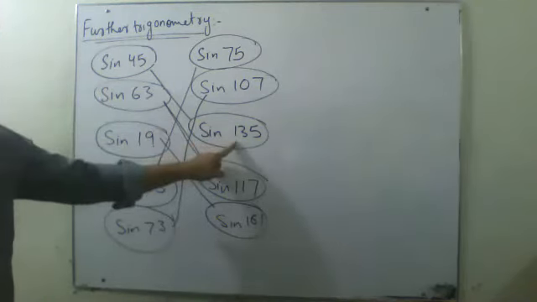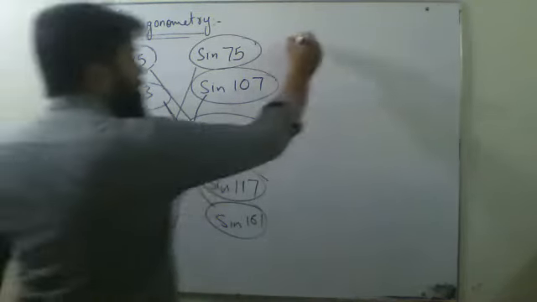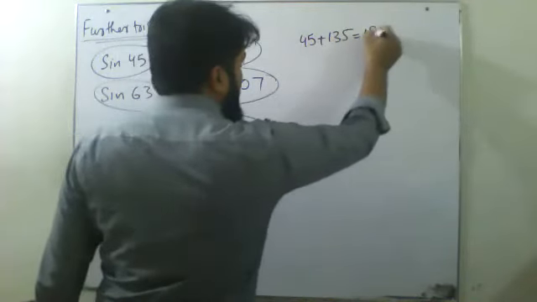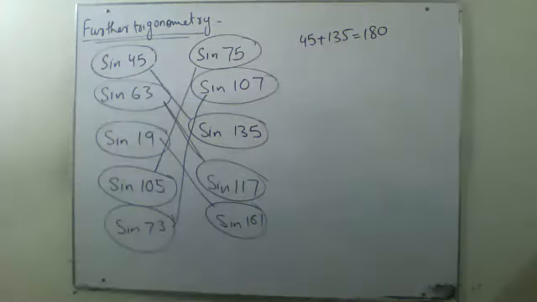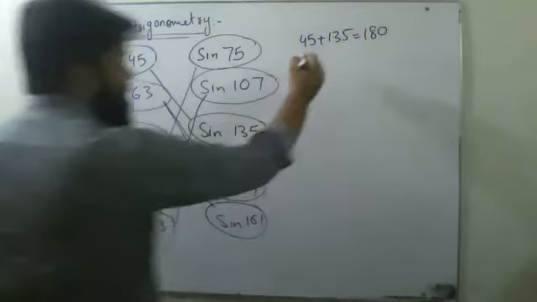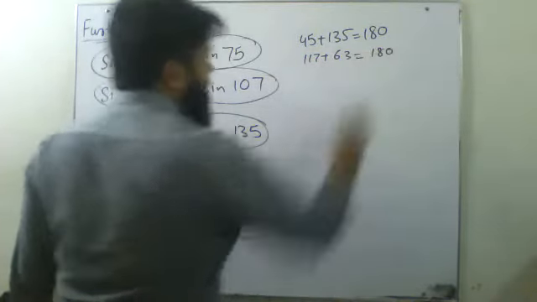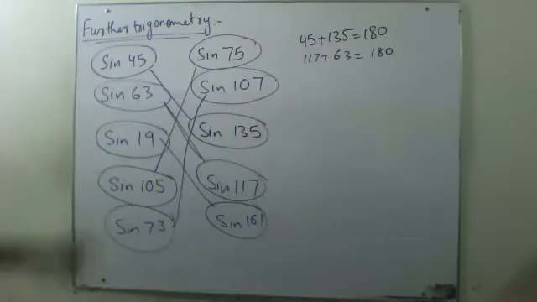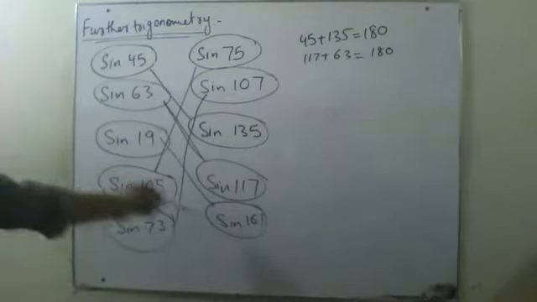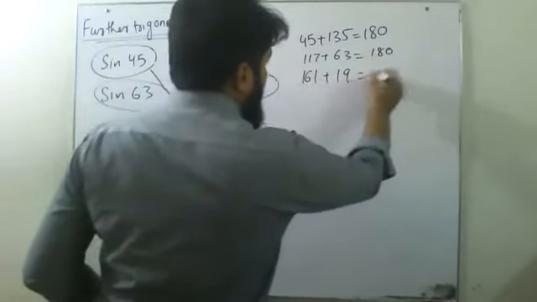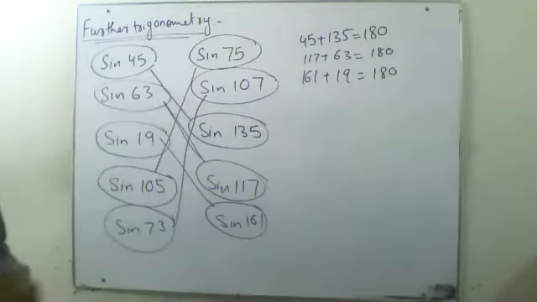45 plus 135, the answer is coming 180. In the same way, if I take this one with this one, 117 plus 63, the answer is coming 180. 19 plus 161, 161 plus 19, again the answer is coming 180.